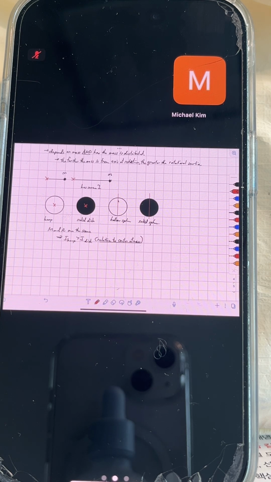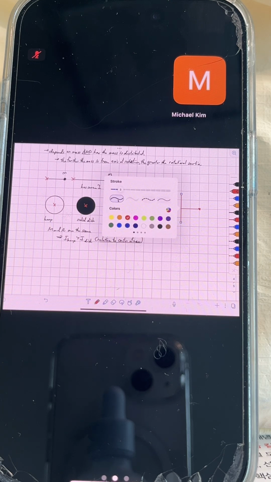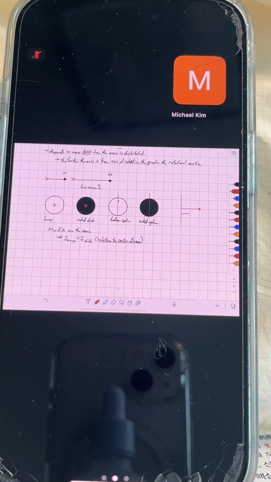So if I have something like this, where this is my axis of rotation, then that's going to be exactly the same as if I had something that looks like this, because it doesn't matter that this thing kind of moves down here versus this one. What matters only is how far I am from the axis of rotation itself.